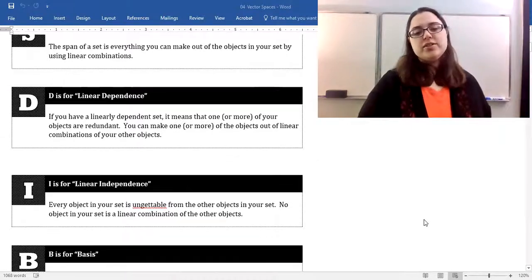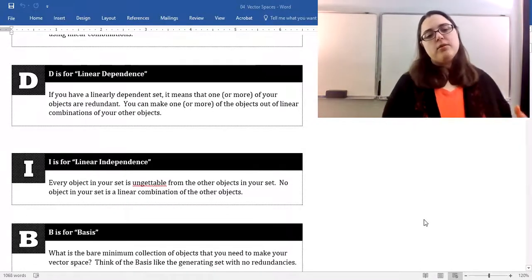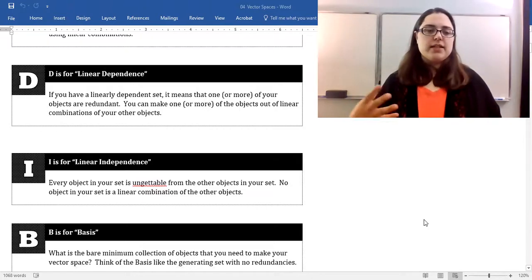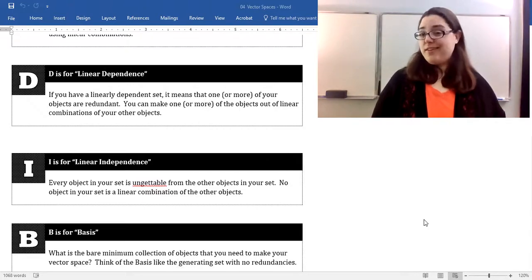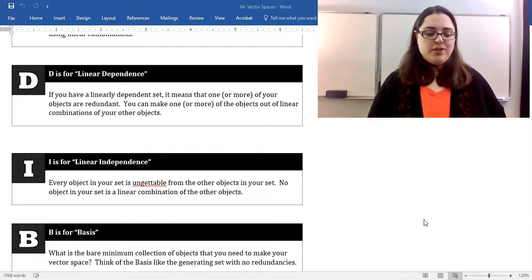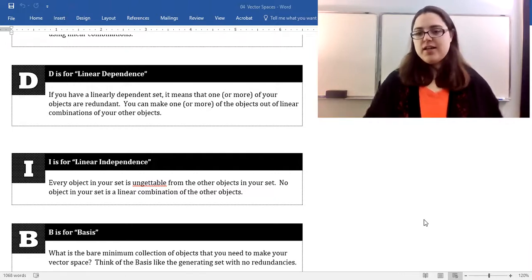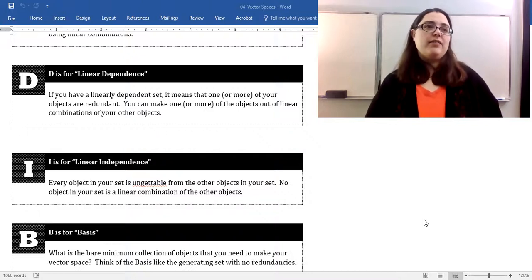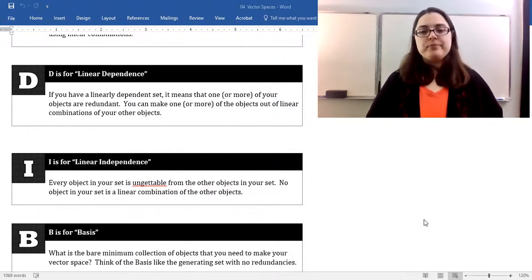D is for linear dependence. If you have a linearly dependent set, what that means basically is that one of your Lego pieces is redundant. If I gave you a bag of Legos, you have your 2x3 Legos, maybe a 2x2 Lego, and then let's say I gave you a 4x4 Lego.